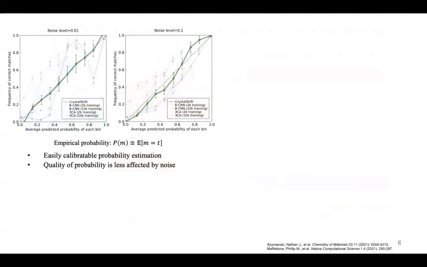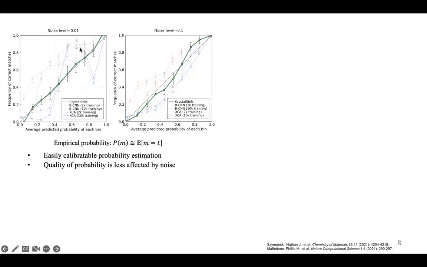The nice thing is that it returns a probability, but you don't know how good the probability is. So what people usually do is a calibration, so that the predicted probability matches the frequency of correct matches. For example, if you predict that a phase should exist at 50%, then half of the time that phase should be in the ground truth. Ideally, you should have a diagonal line.